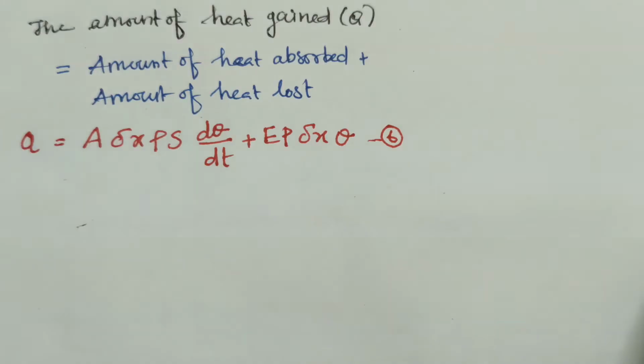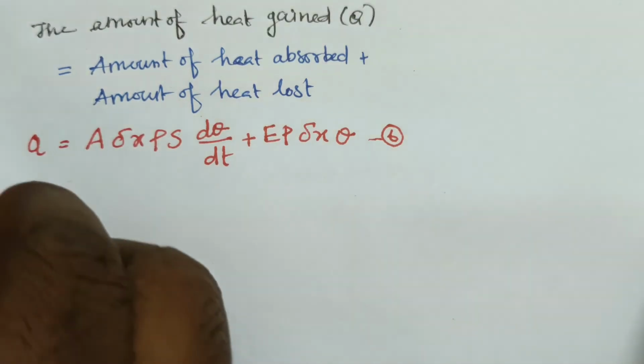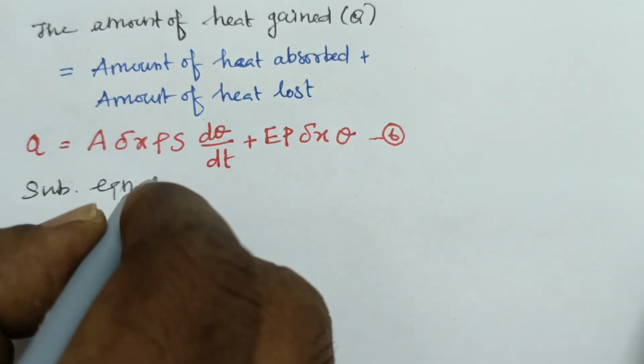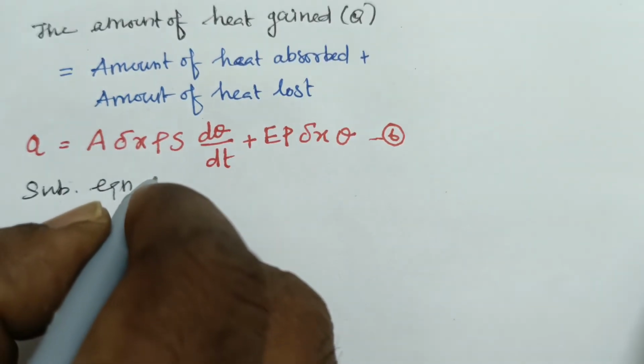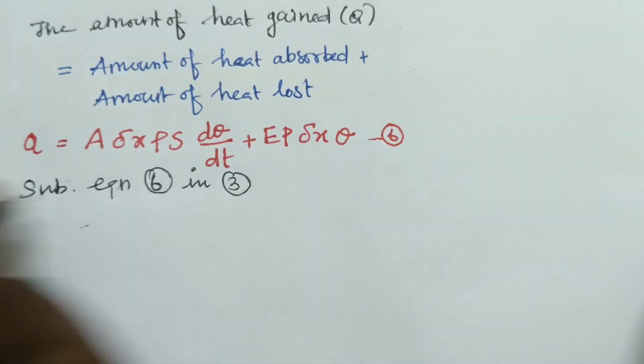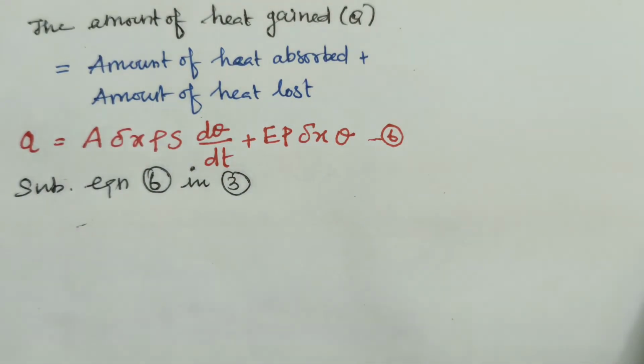Now substituting this equation 6 in 3. Equation 3 எதை represent பண்ணுது? That is Q is equal to K A d square theta by dx square into del x. Now equating equation 6 and 3.